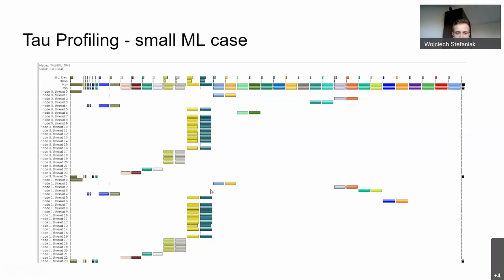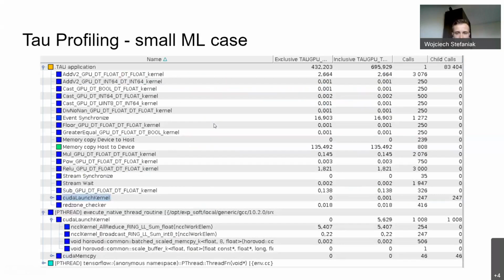And after that, we are mainly reading data and learning. Here you can easily see that there are some processes like copying memory from host to device, so IO processes that take quite some time.